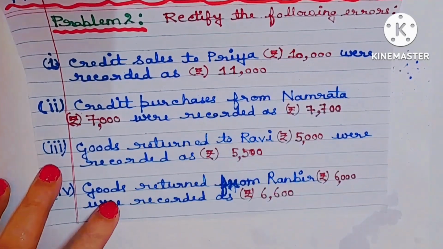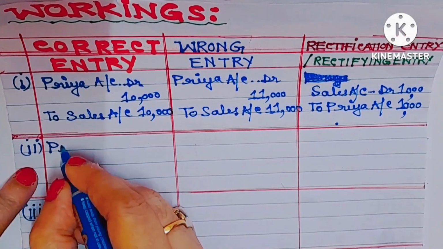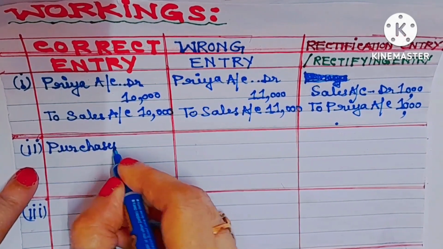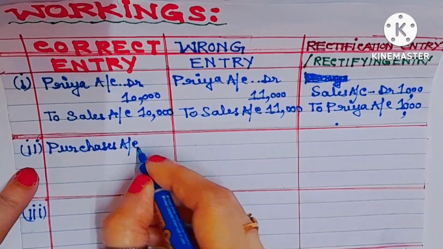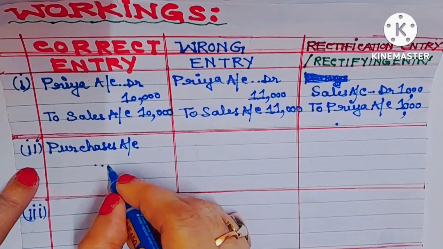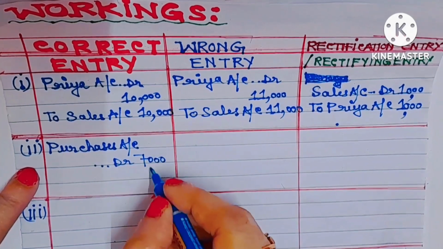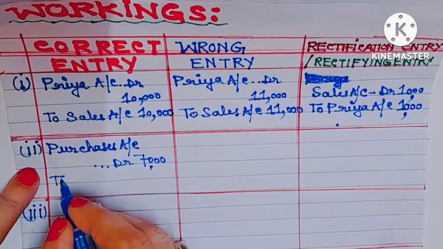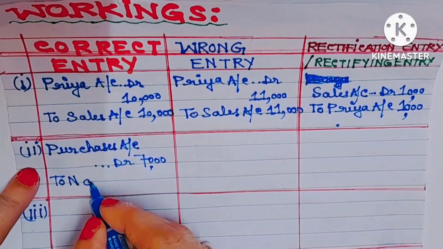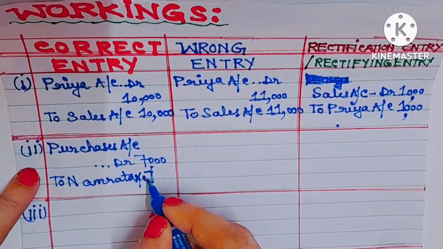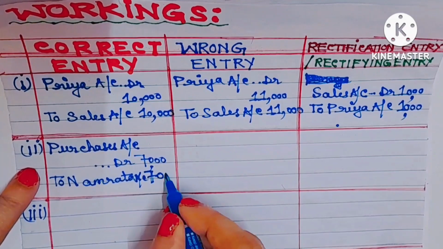So let's write purchases account debit 7000, okay, to Namrata account 7000.